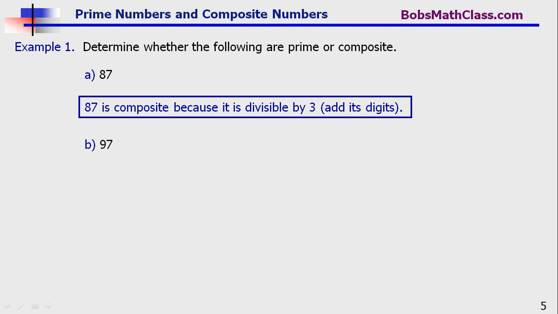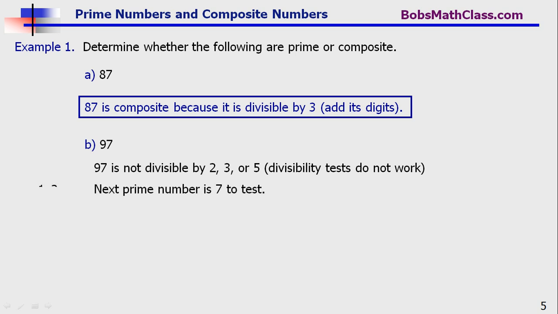So remember, we're trying 2, 3, and then 5. Does 5 go into 97? No, because it doesn't end in a 0 or 5. So the next number to try is 7. So divide by 7 to see if it goes in evenly. And it doesn't go in evenly.